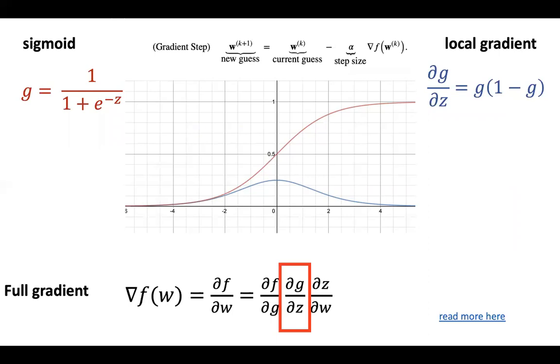The only important thing to take from all these explanations is that our full gradient is dependent on the local gradients. So if you have a complex non-linear function, then the full gradient depends on the local gradient at each node in the network. Why is it important? Let's take a look at the sigmoid function. As I said before, the sigmoid function squashes the input to the range between 0 and 1.